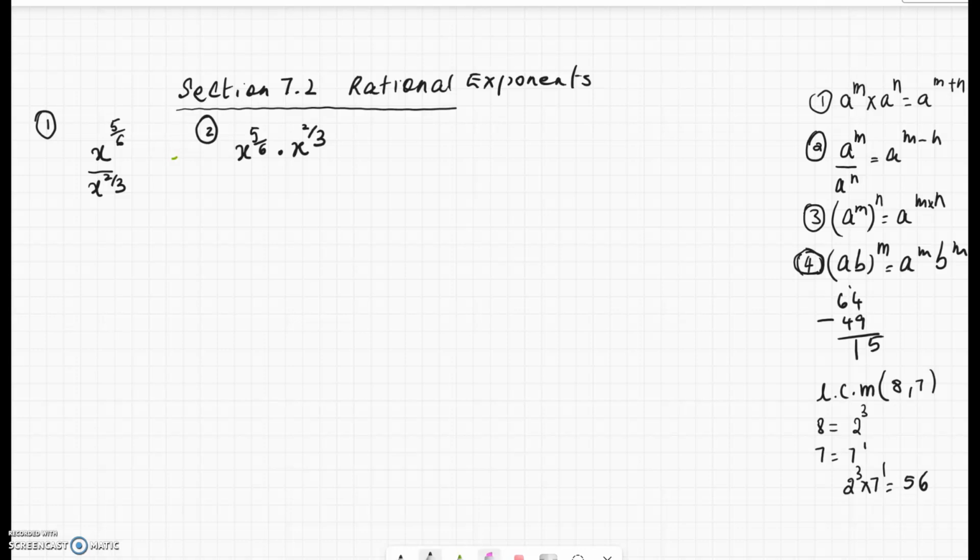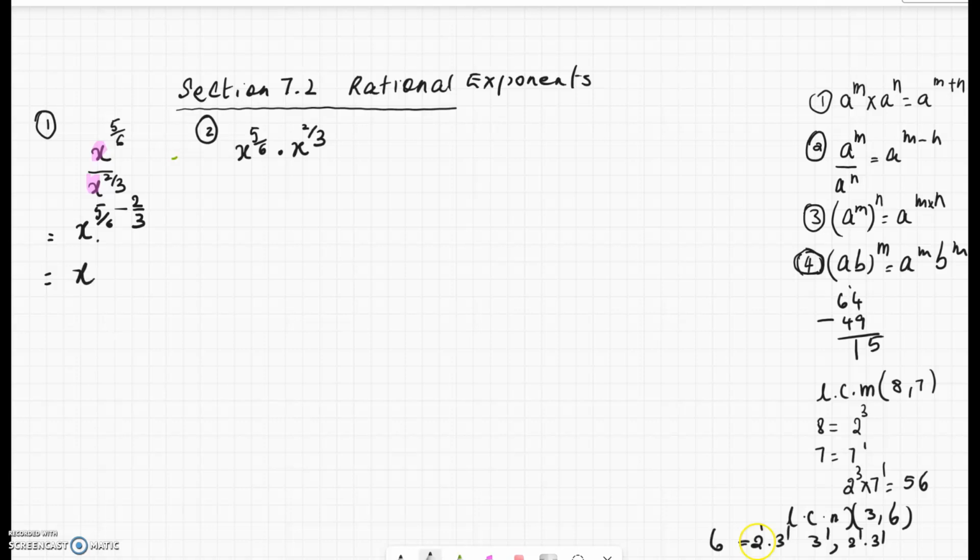A quick review again. If the bases are the same and we are dividing, all we have to do is x to the exponent of the numerator minus the exponent of the denominator. Go in the exact same order, you cannot change the order. The LCM of 3 and 6: 3 to the 1 and 2 to the 1 times 3 to the 1, pick the largest 2, pick the largest 3, it's equal to 6.